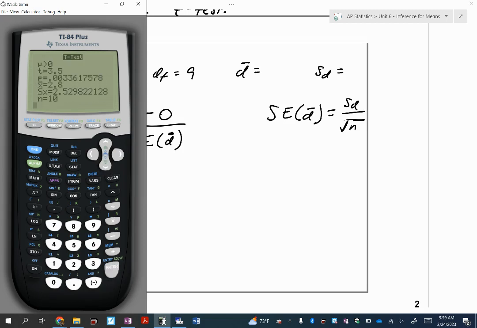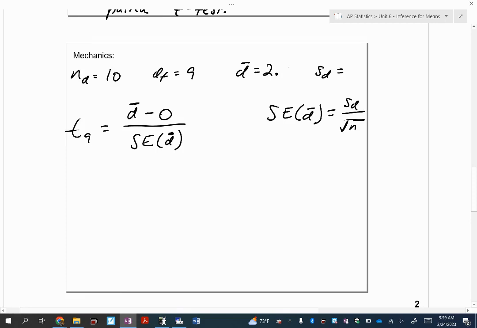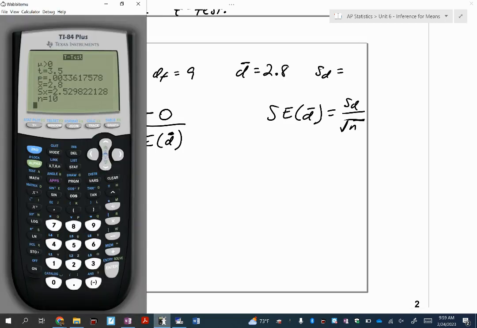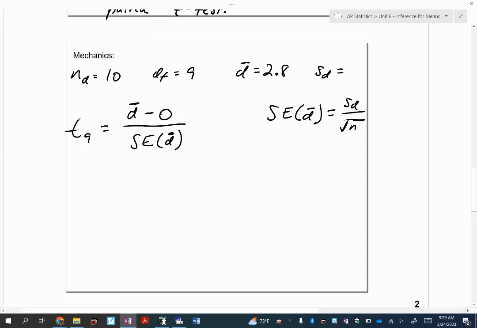All right, so my average is 2.8 for the difference. My standard deviation is 2.530. So if I plug that in, I get 2.8 minus 0 over 2.53 over the square root of 10.